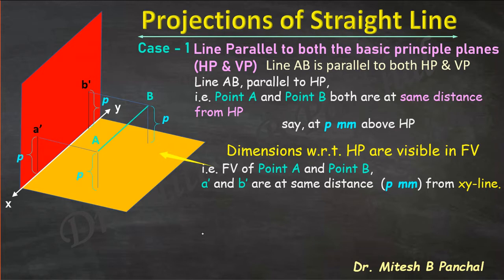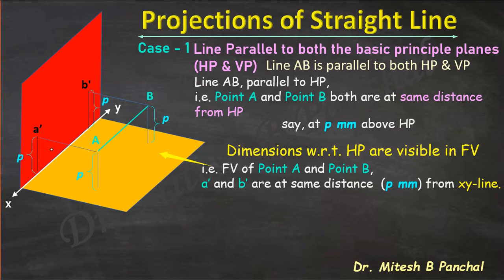So I have already told you that to obtain the projections of straight line, you have to draw the corresponding projections of its both the endpoints. Here point A and point B are the two endpoints of line AB.